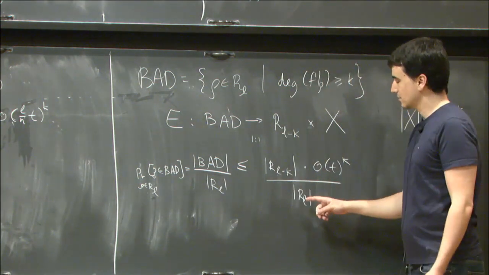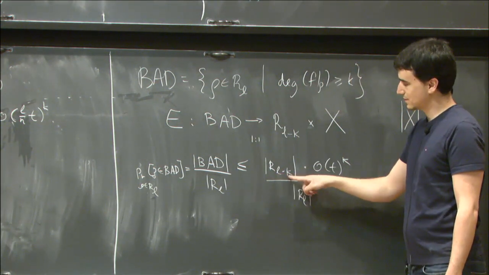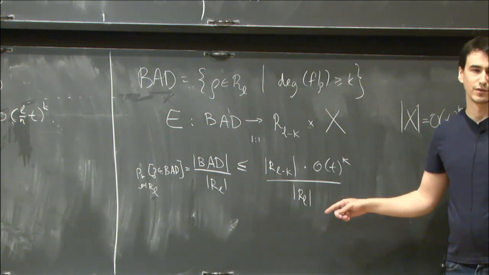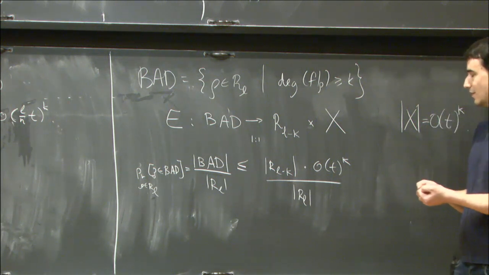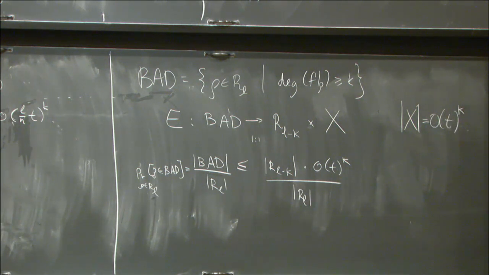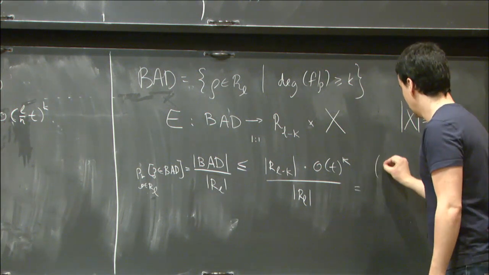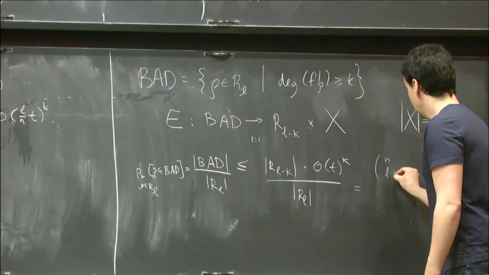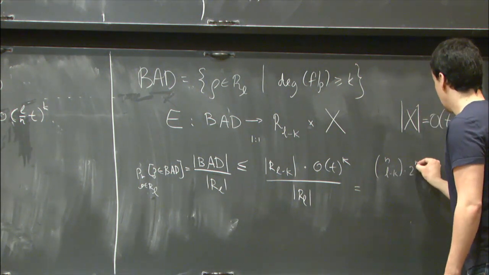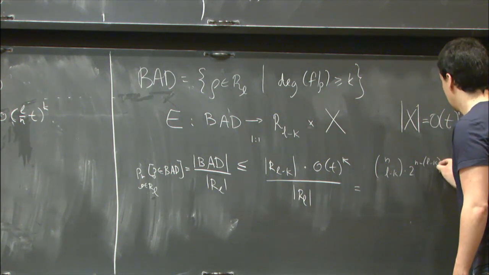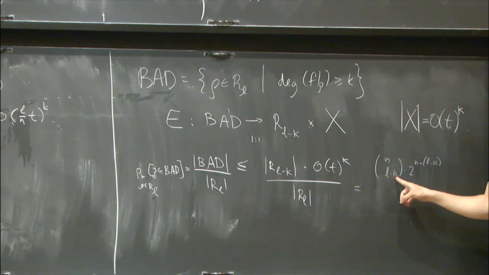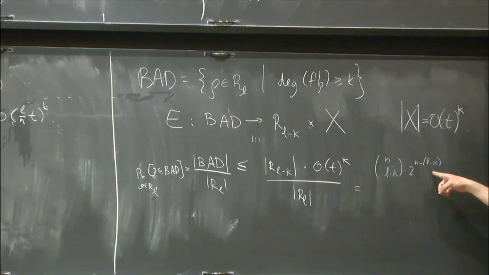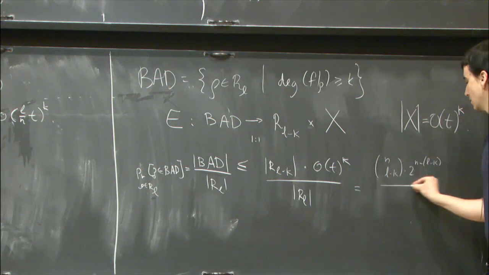What is important is that this number is much smaller than this number: keeping fewer variables alive, there are far fewer possibilities. Roughly, it is n to the L minus k times 2 to the n minus L minus k, since I need to choose which coordinates are kept alive and assign values to the rest.